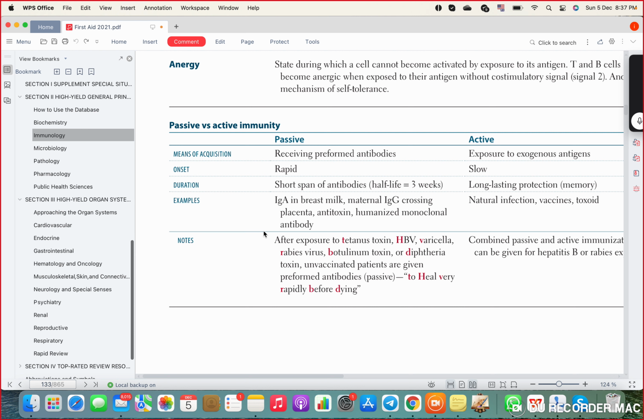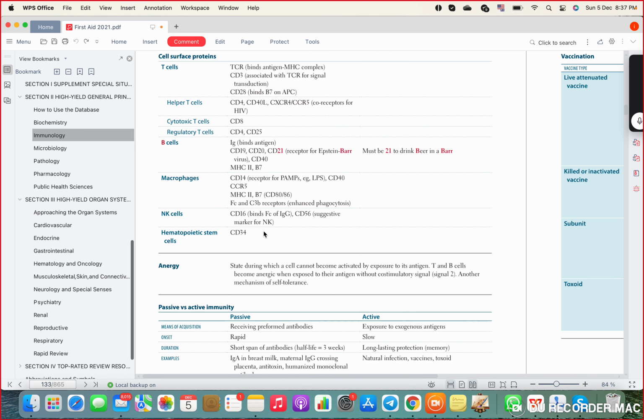Macrophage can have a C3b receptor because it will act as an opsonin also. Yep. Macrophage has too many, that's the problem. Yeah, that's why I gave it to you.